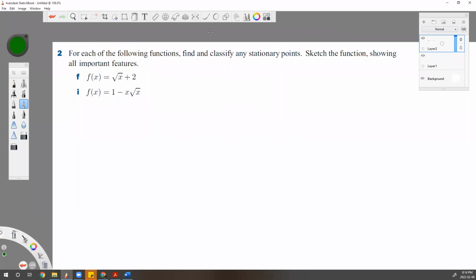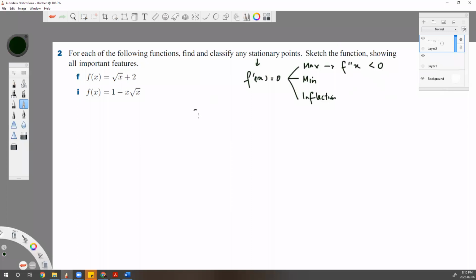Okay, for each of the following functions, find and classify any stationary point. So a stationary point happens when f'(x) is equal to 0, as always. And stationary points can be maximum, minimum, or inflection when we do the second derivative. So maximum when f'(x) is negative, f''(x) less than 0, right?